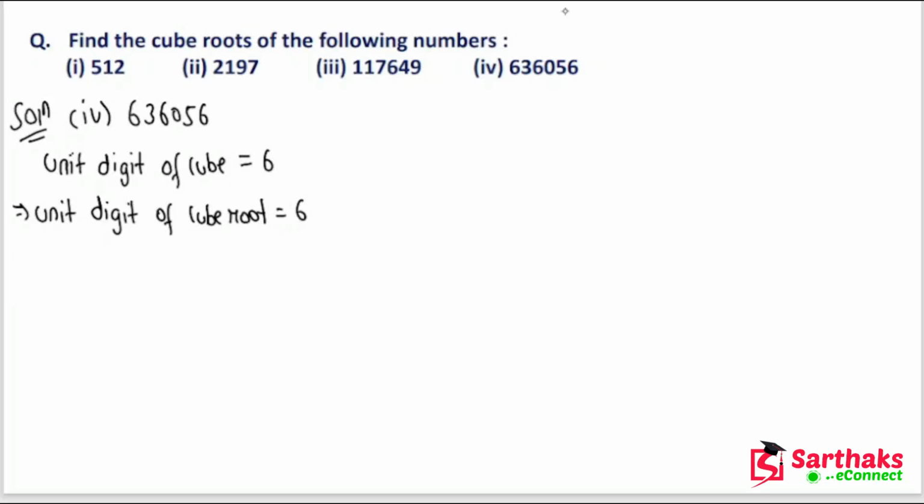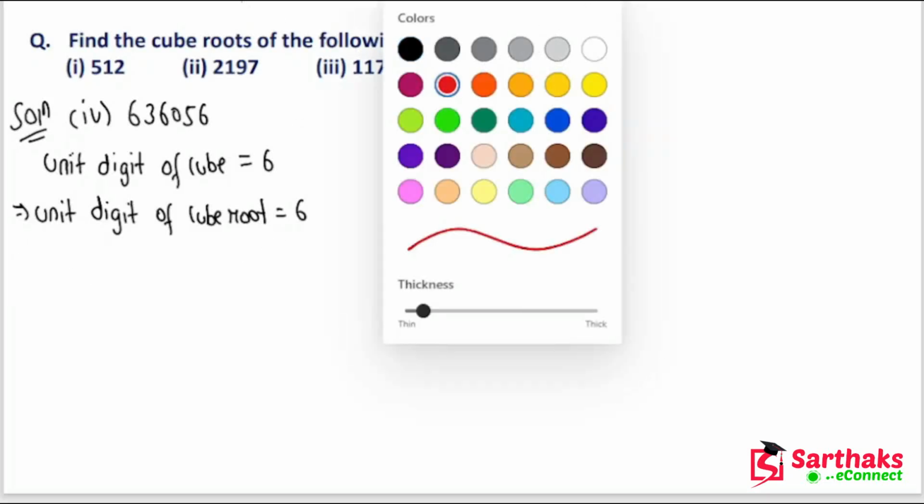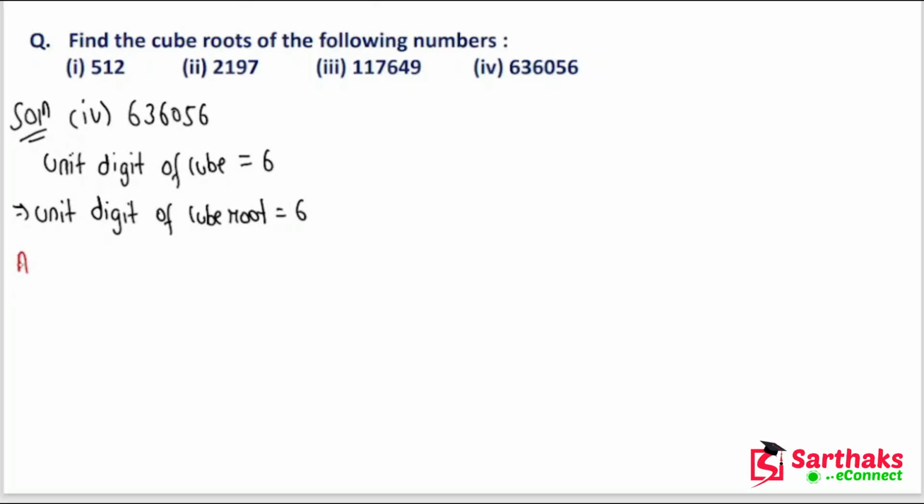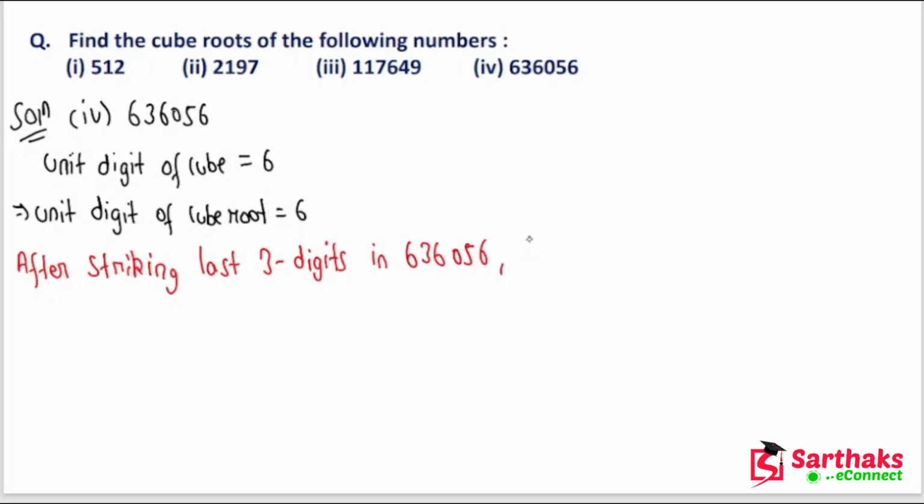We can say that after striking the last 3 digits in 636056, we are left with 636.